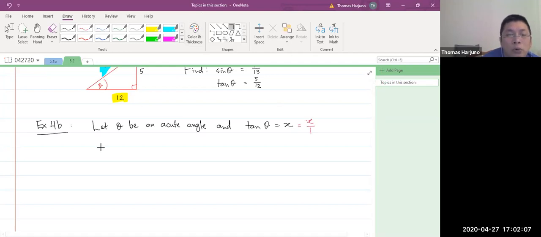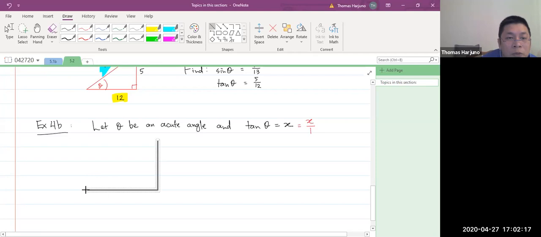Now, what you will do is draw the right triangle, because theta is an acute angle, right? So draw the right triangle. This is theta. Now apply that ratio x over 1. This is x, this is 1. Let me give you some time to compute what is the hypotenuse, and then use the result to find sine theta and cosine theta.